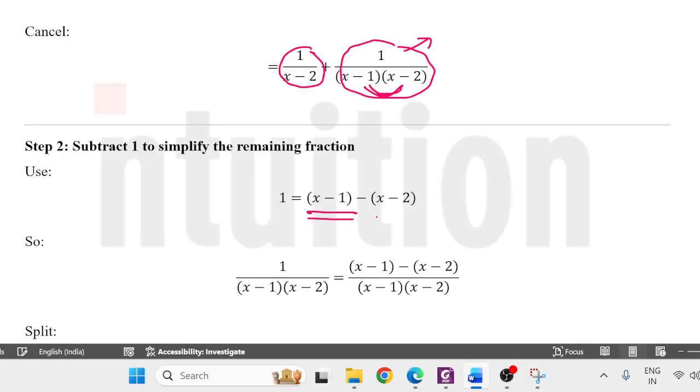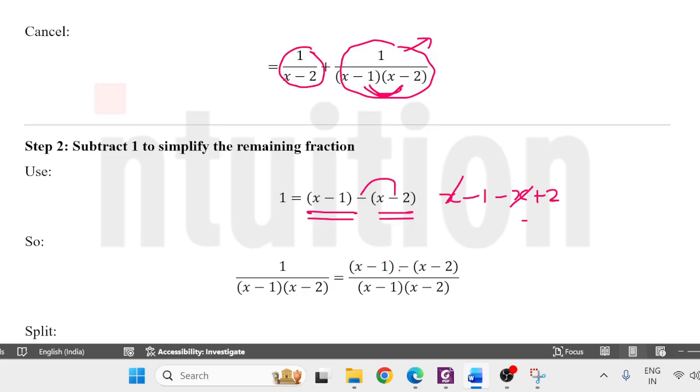So this is x minus 1, this is x minus 2. You may think why we wrote this. Let's see x minus 1. If you open the bracket, this is x minus 1, this is plus 2. Minus of minus is plus. So this gets cancelled, so it comes out to be plus 1. So it is 1 divided by (x minus 1) into (x minus 2).